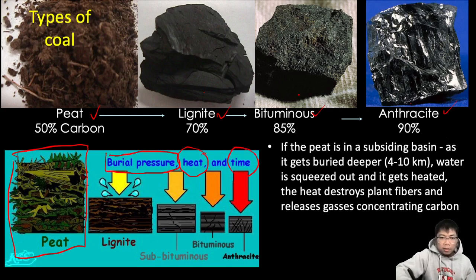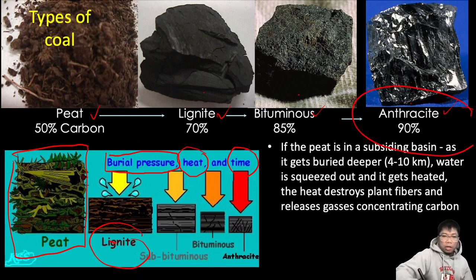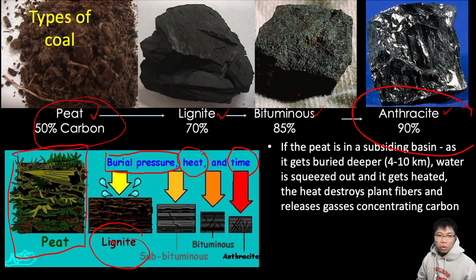So lignite looks something like this, then bituminous or subbituminous, and anthracite. Therefore, it indicates the maturity of the coal. Anthracite is the most mature type of coal, whereas peat is the least mature type of coal.